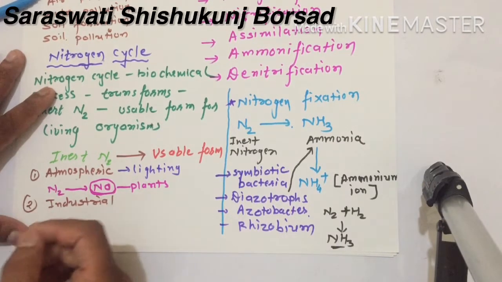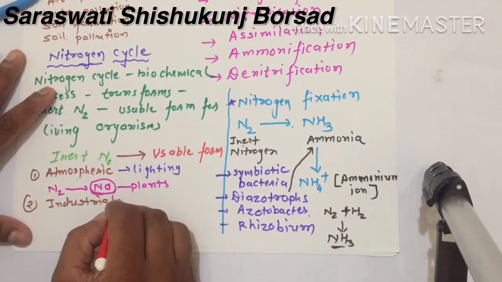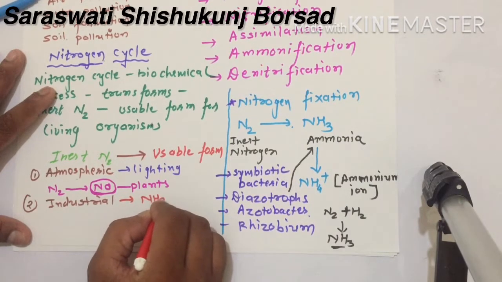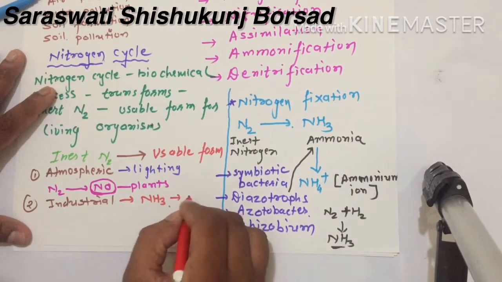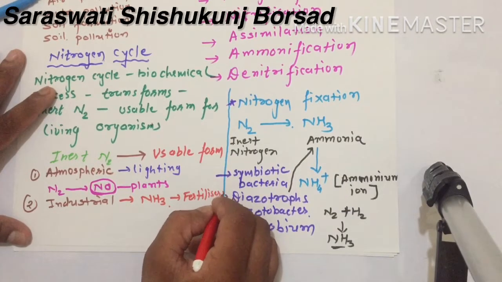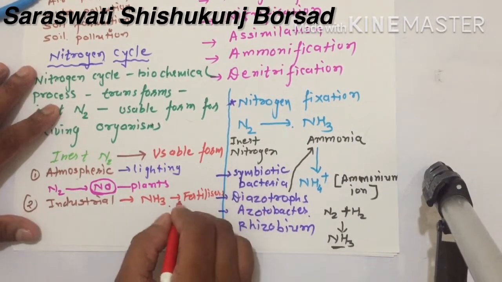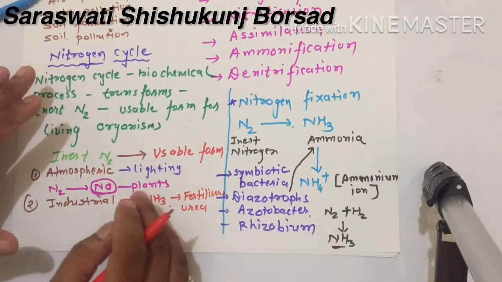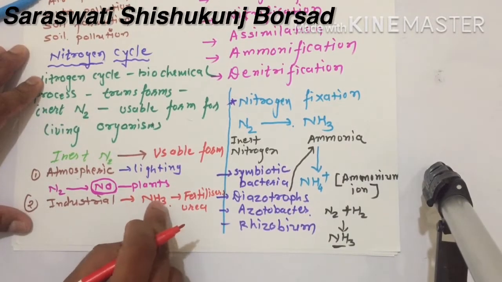In industry, by the Haber's process, we are also able to form ammonia, and this ammonia is used in different types of fertilizers, like urea. So it's a man-made alternative that aids in nitrogen fixation by use of ammonia.